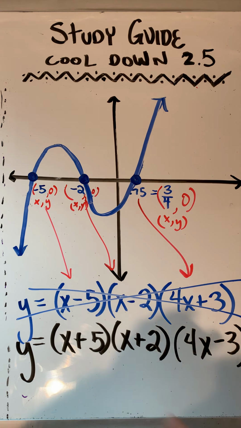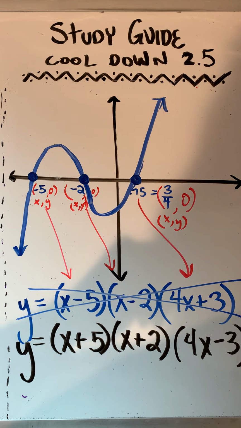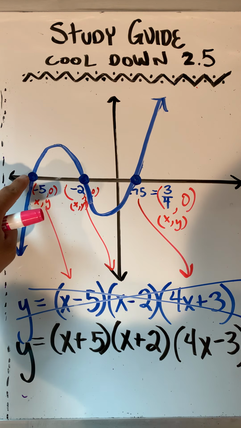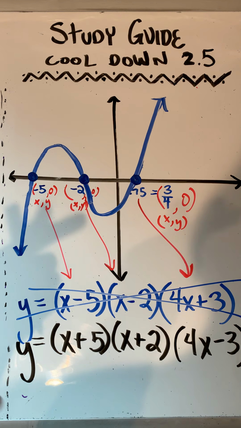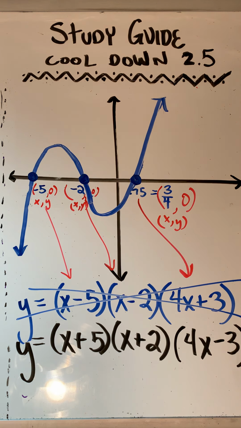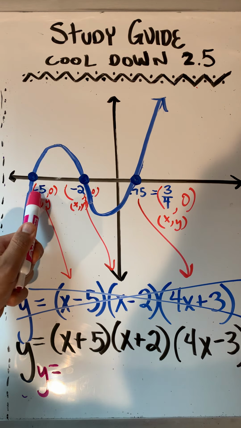Now we're going to do the same thing we did a moment ago and see, does our equation work? Meaning, if I put the x value of this x-intercept into its corresponding factor, will it give me a y value of 0? Okay, -5.